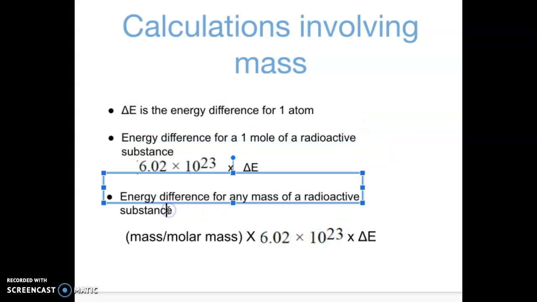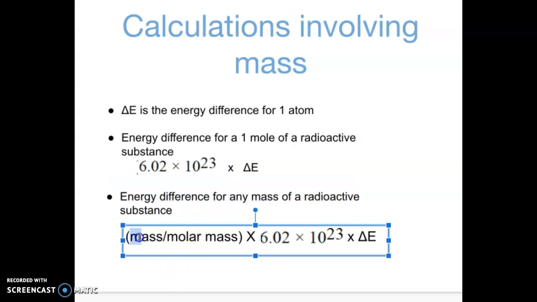Now, if you then have a question which asks you about a kilogram of a substance or any other mass, then you would take the mass that you're given in the question and divide it by the molar mass. Now, this is a chemistry thing, and just in case you're not doing chemistry, molar mass is the mass of one mole of a substance.